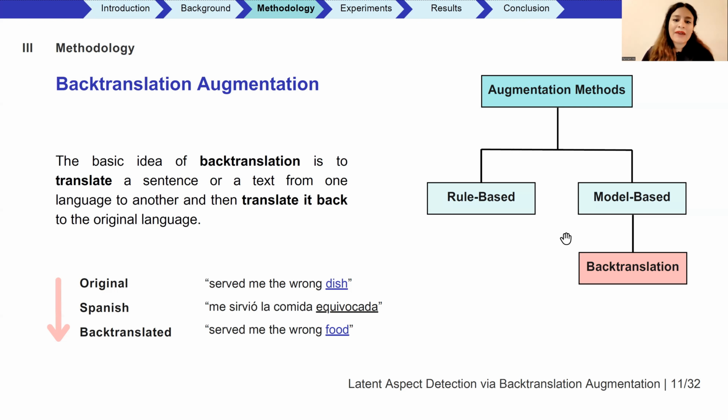This new sentence may have different wordings and may not have the exact words, but it will convey the same meaning. It's like saying something in a different way. And by this trick, we make a bigger and more varied set of examples for our program to detect the aspects and learn from this dataset.